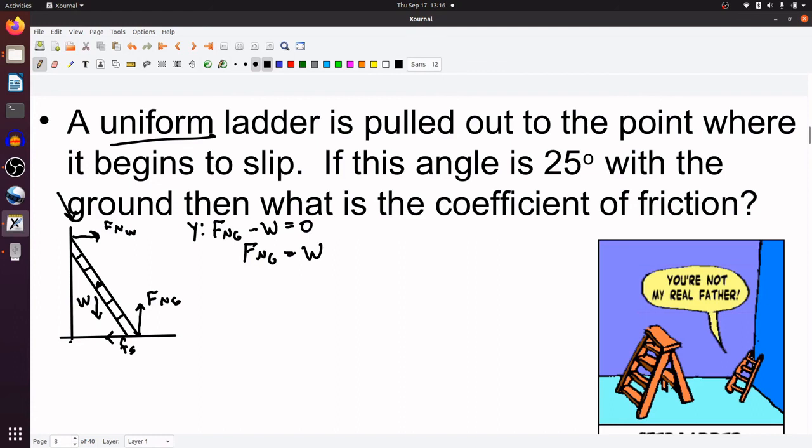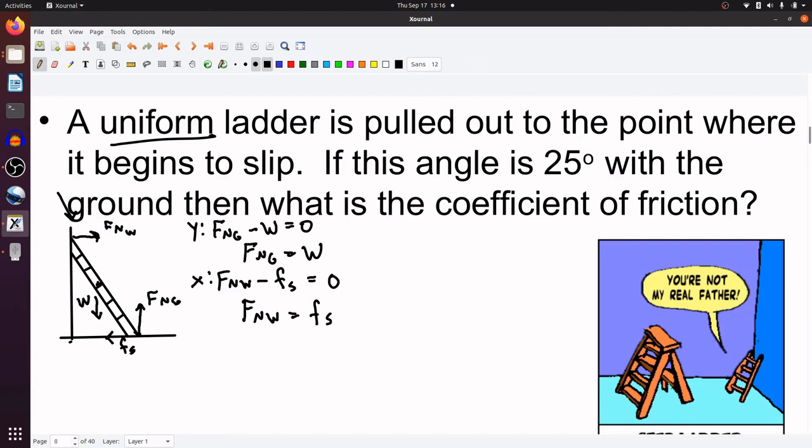All right, well, what about the horizontal, the X? All right, so going to the right, we have the normal force from the wall minus the static friction, and that's going to be equal to 0. And so the normal force from the wall is equal to static friction.